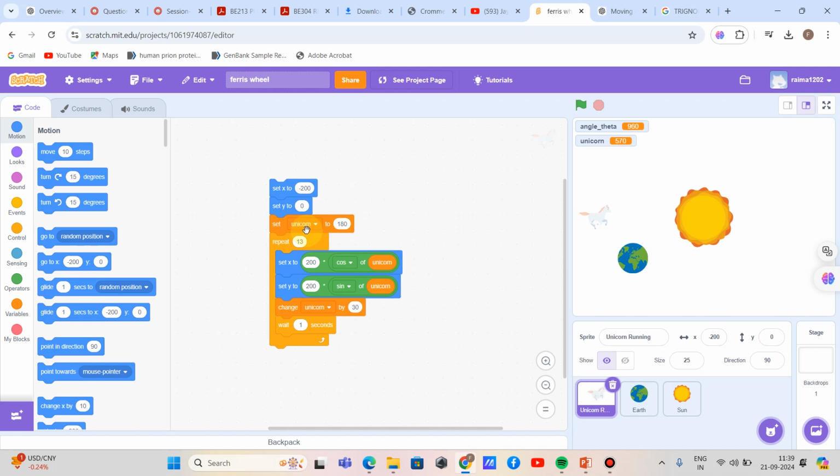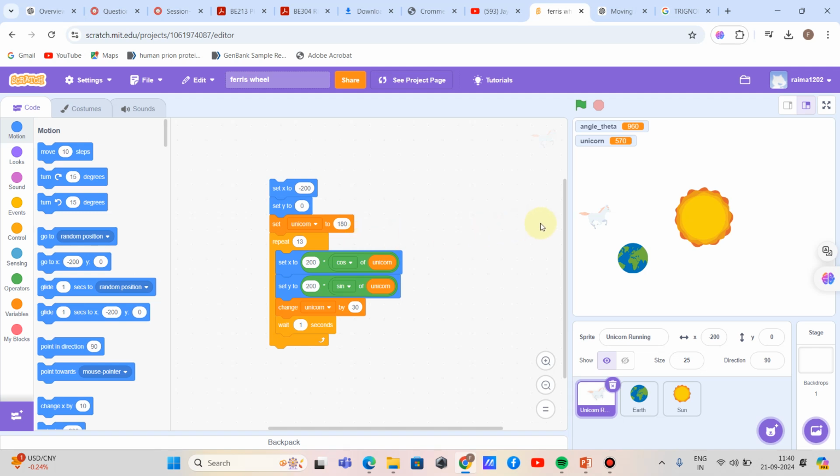Then I made a variable for angle, which is going to vary as the program runs, or as our position changes in the circular motion.